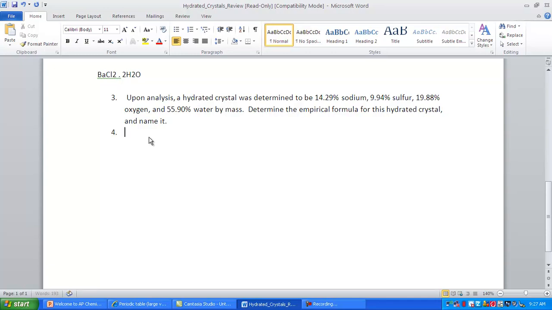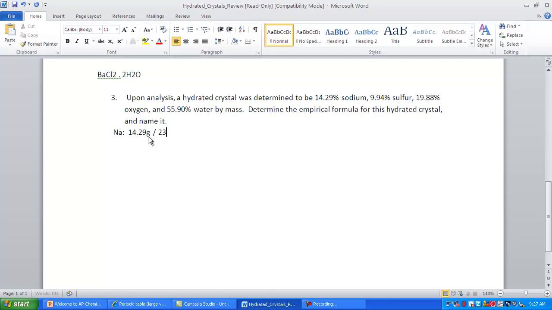All right, to begin with then, we'll have the work shown for sodium, Na. We'll take the 14.29% and just turn that directly into a gram. Out of 100 grams, 14.29 come from sodium. We'll divide that by the atomic weight of sodium.